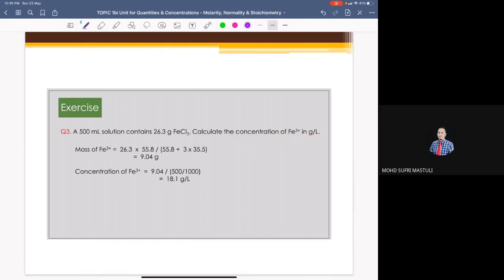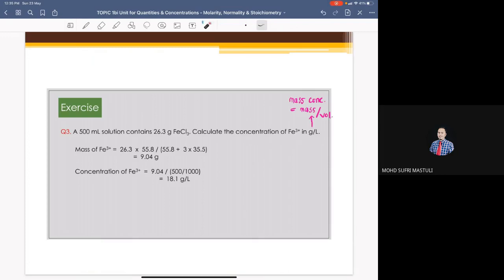When it mentions gram per liter, it should be mass concentration, mass over volume.